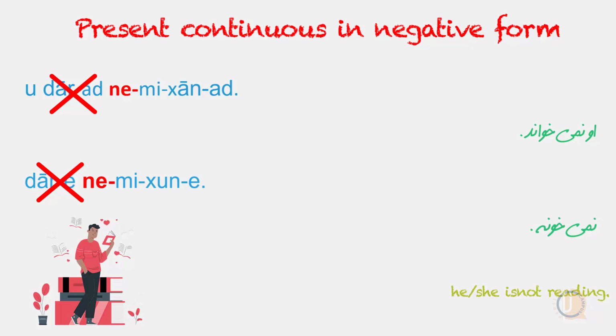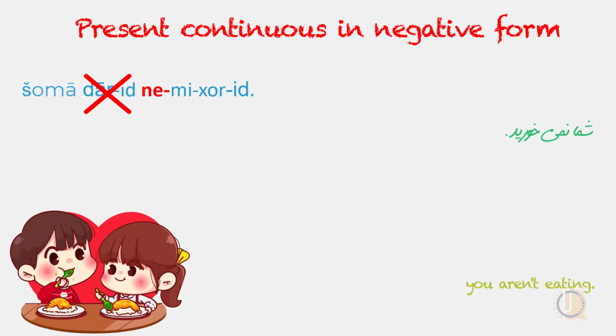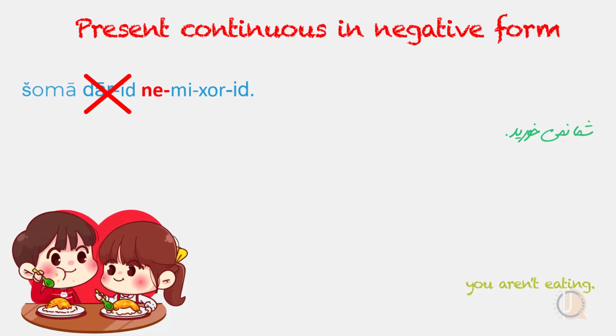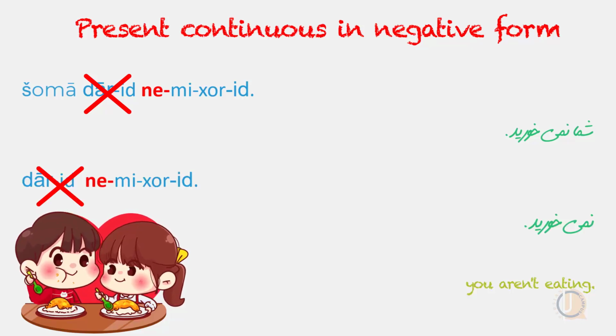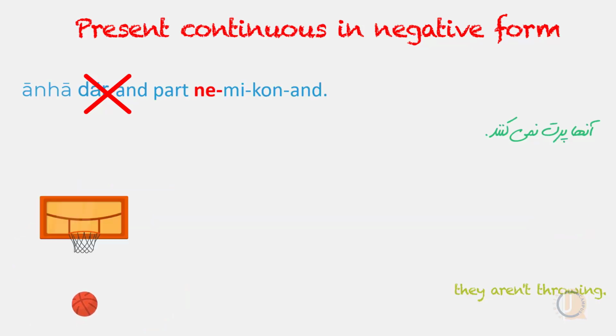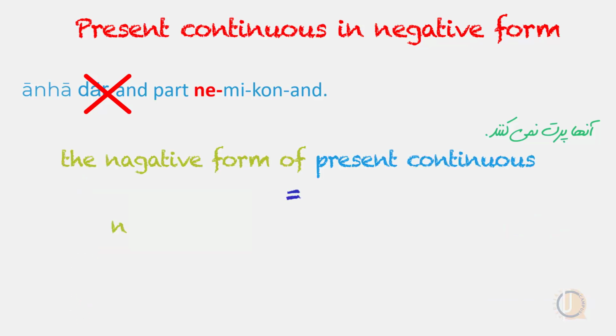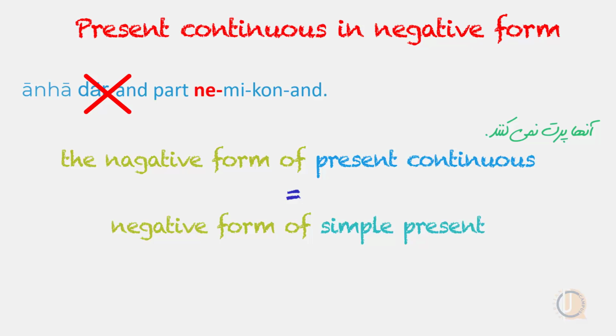She or he isn't reading. ما نمی بینیم. شما نمی خورید. You aren't eating. آنها پرت نمی کنند. They aren't throwing. As you see, the negative of this construction is the same as the negative in present tense.